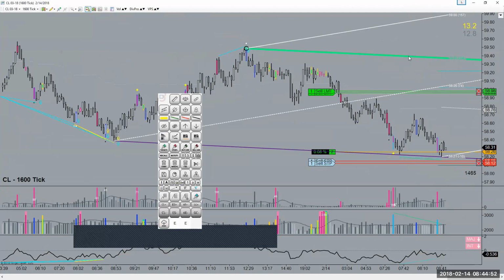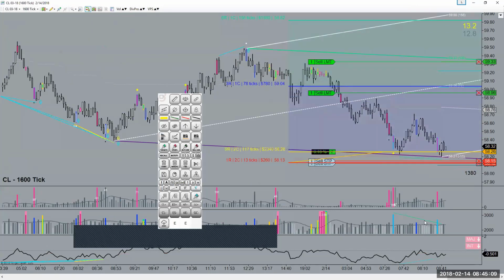So right here. So that would be a 6.8 to 1. Excuse me, if the second target gets filled.